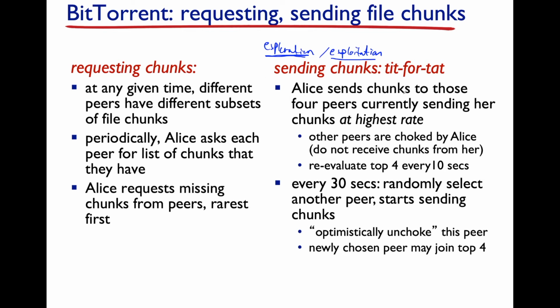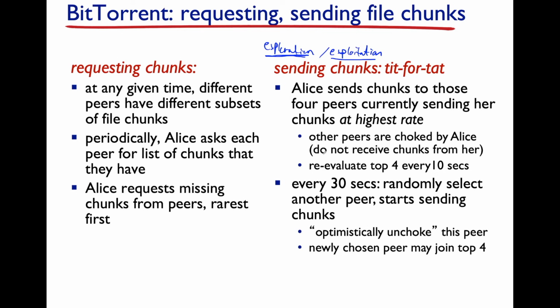And so when Alice chokes off those who are not good trading partners and reevaluates and selects the top 4, she's doing exploitation. She wants to maximize on receiving file chunks as quickly as possible.